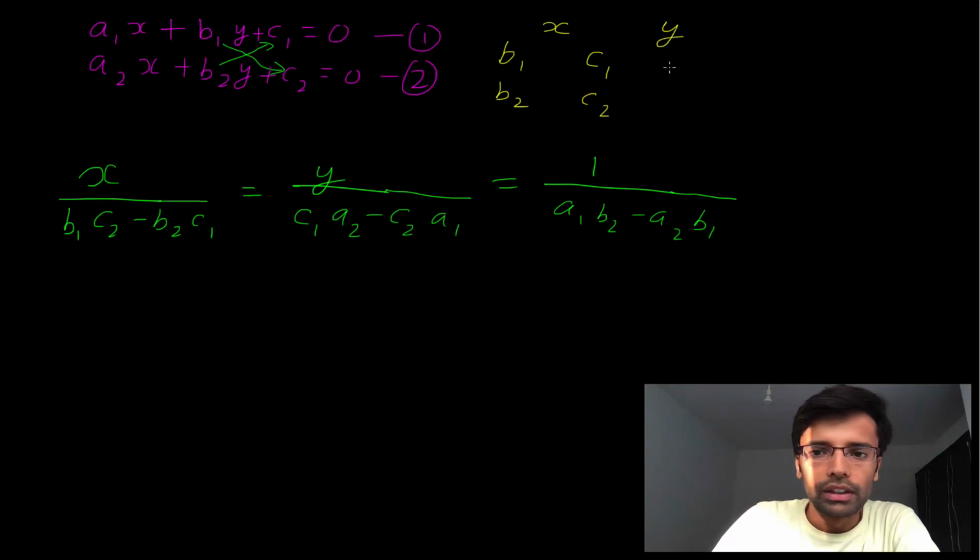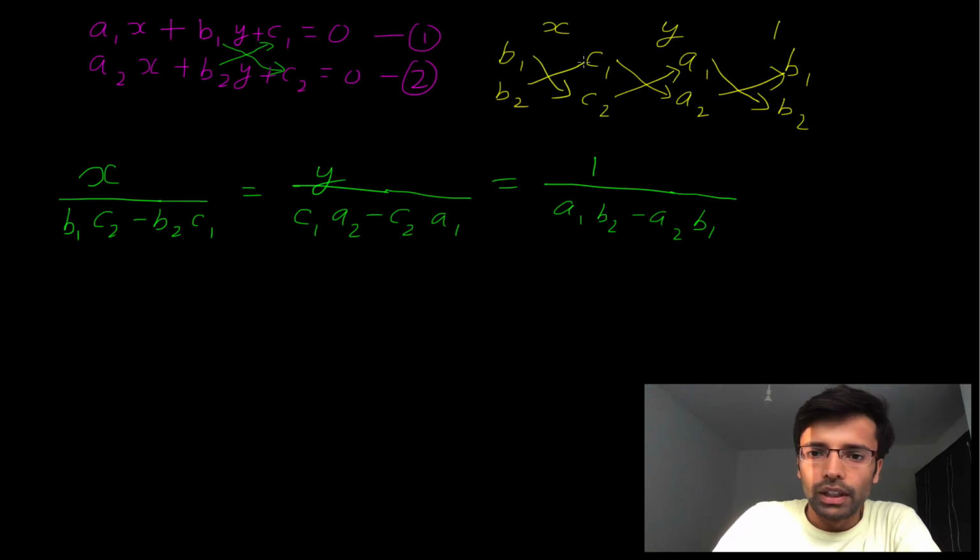Then for y, you already have c1 c2 here, so you write the next coefficients a1 a2, and then for the constant, you have a1 a2, then b1 b2. So first you can make this, and from here you can think of x divided by b1 c2 minus b2 c1, y divided by c1 a2 minus c2 a1, and 1 divided by a1 b2 minus a2 b1.